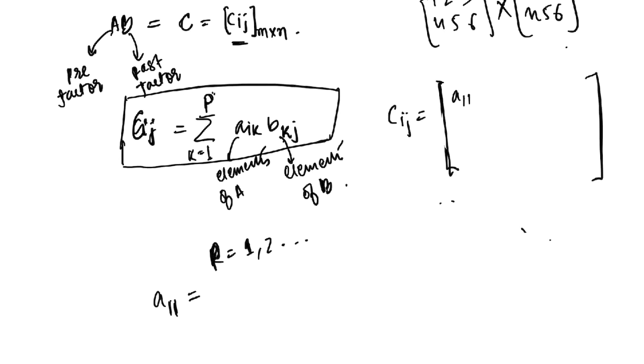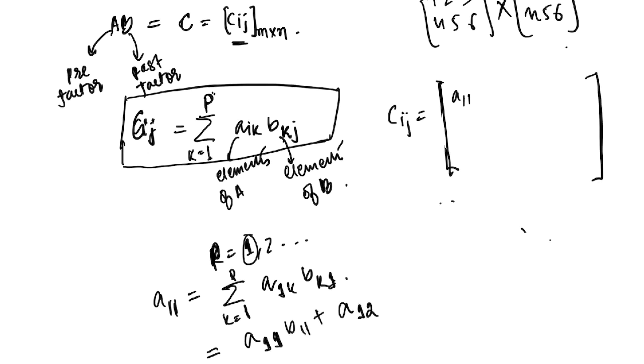So starting with c11, how are we going to find this? Summation of a i k, which is 1, k, and b k j as k, 1. And here k will go from 1 to p. So now let's consider first a11 b11 plus a12 b21 plus now we'll have a13 b31.